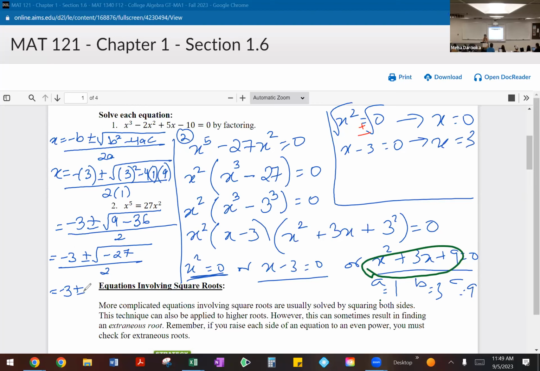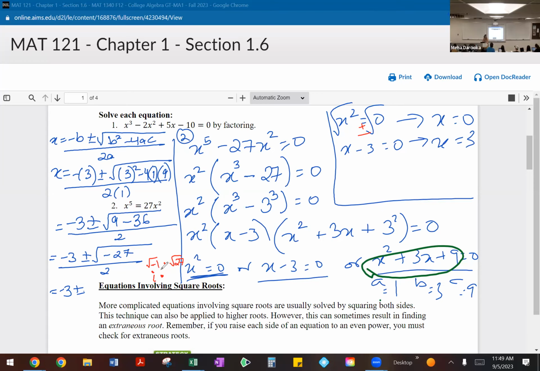And since we have that negative 27 inside the radical, remember that's where your imaginary numbers come into play. So that square root of negative 27 will basically separate into the square root of negative 1 times the square root of 27, so the square root of negative 1 becomes i. Square root of 27, what does that simplify into?